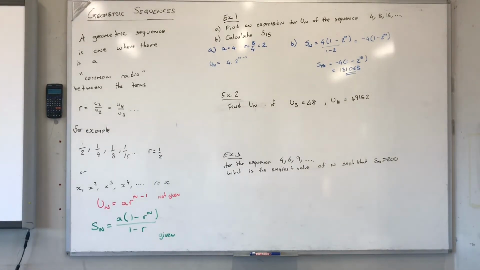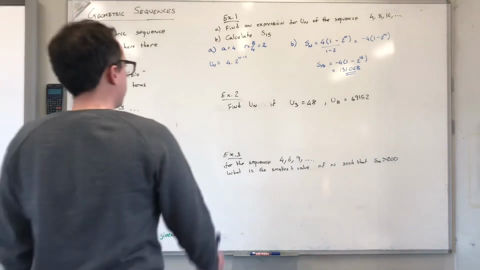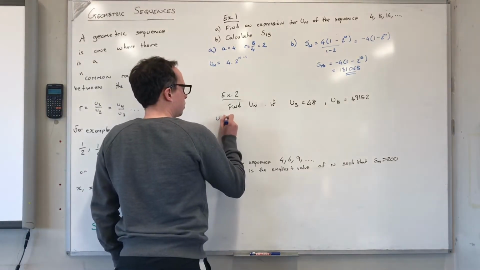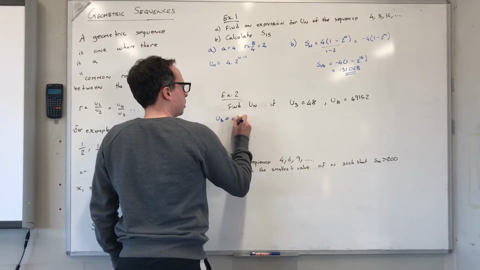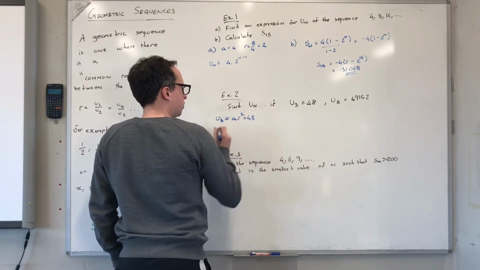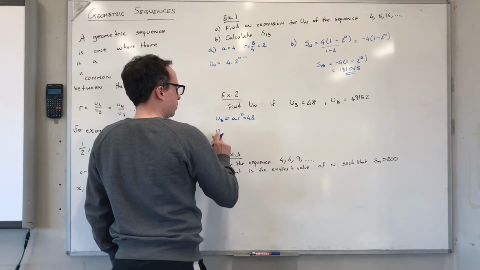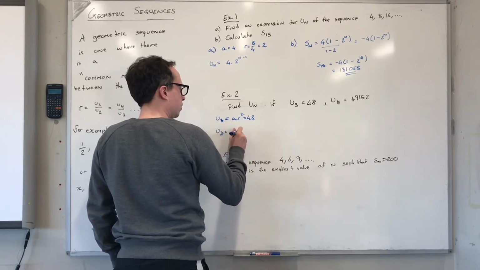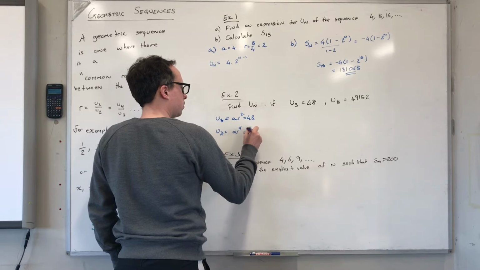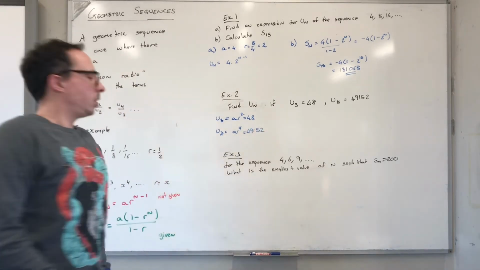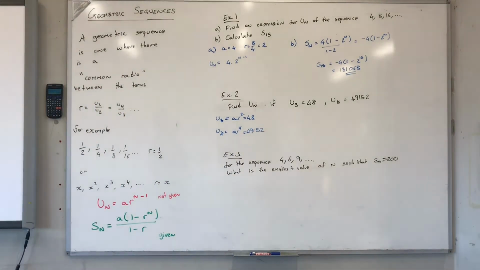Now what if we have not got enough information? I need to find un given that u3 equals 48 and u8 equals 49,152. Well, let's work with what we've got. Now using a little bit of algebraic manipulation, I can rearrange that, so let's take the u8 and divide it by u3.